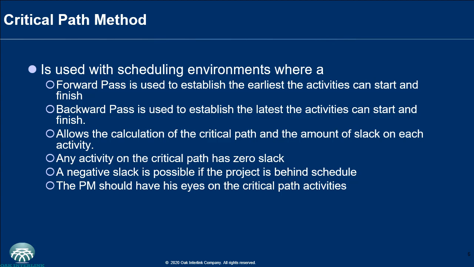The project manager typically would have his or her eyes on critical path activities because on those activities you have the highest amount of risk, because of the likelihood of things going wrong on those activities, and because you do not have any allowance for slippage or for errors or for mistakes on those activities that are on the critical path.